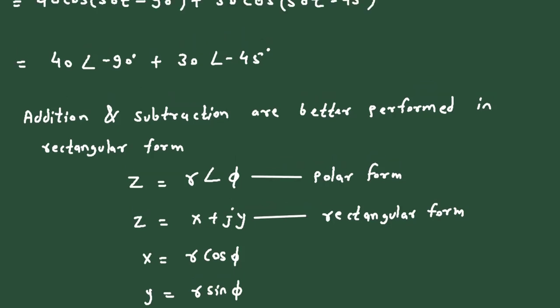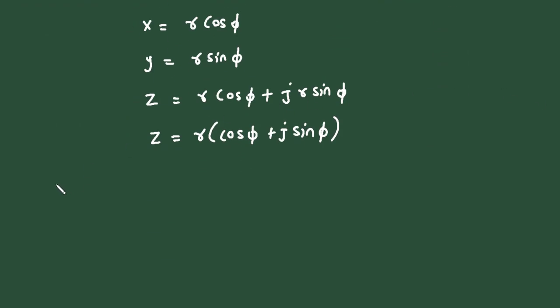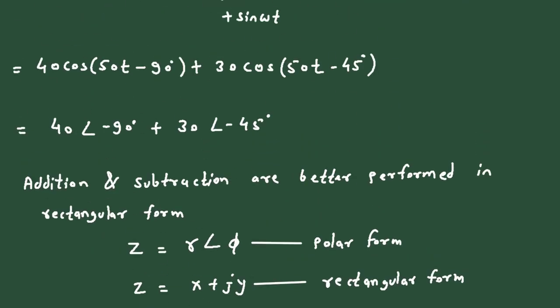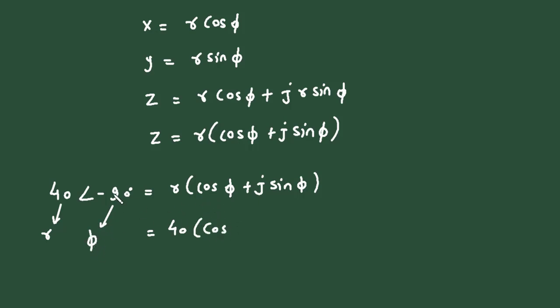So now we have to convert this 40 at an angle minus 90 degree. 40 at an angle minus 90 degree is equal to R in bracket cos phi plus J sin phi. So R value is 40. This is the value of R and this is the value of phi. Cos, again phi value is minus 90 degree, plus J sin minus 90 degree.